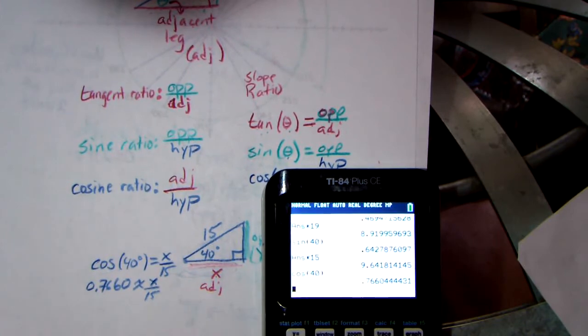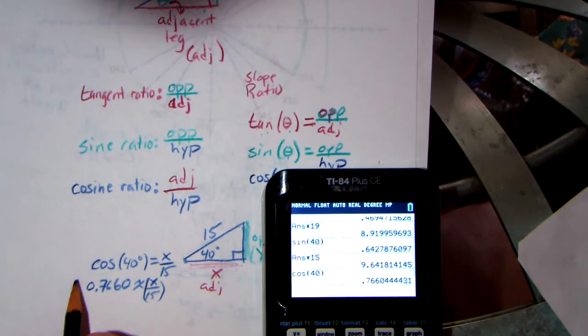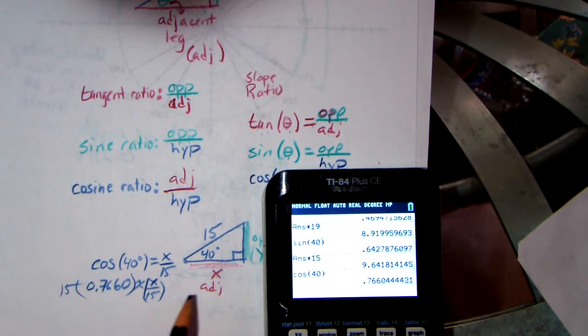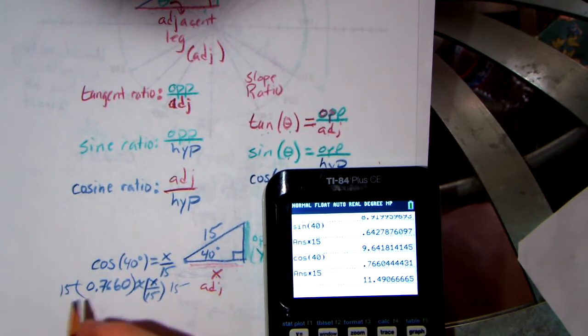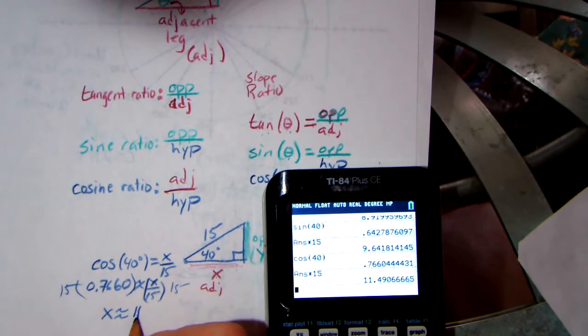Now to figure out what that's going to give me, I multiply both sides by 15. And I get that my third side is about 11.49 units.